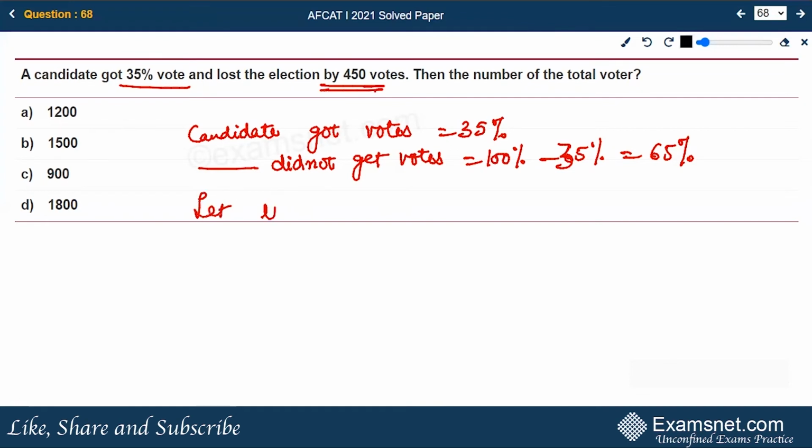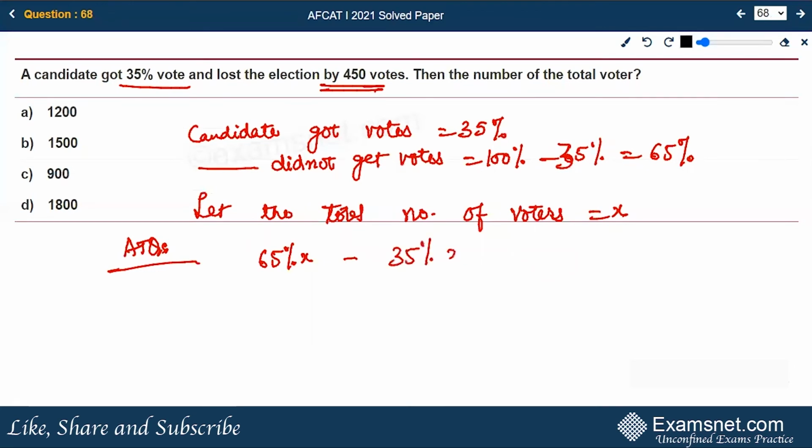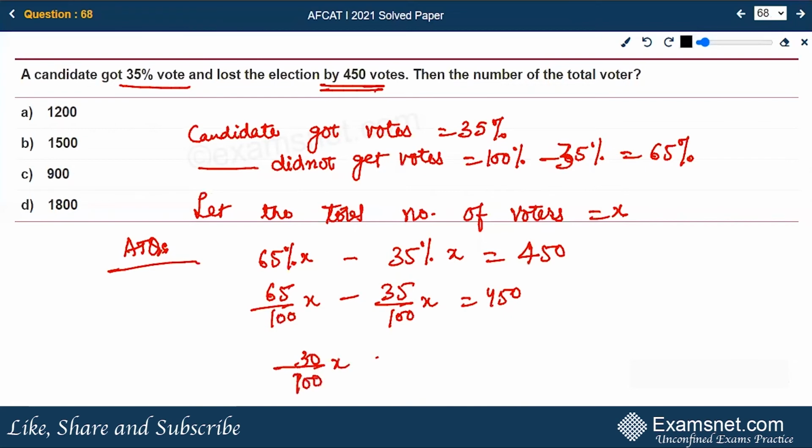Let the total number of votes or voters be X. Now, according to question, 65% of X minus 35% of X is equal to 450. 65% of X can be written like this, minus 35 upon 100, this is equal to 450, which makes 65 minus 35, which is equal to 30 upon 100, X is equal to 450.